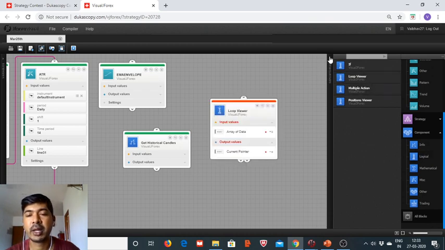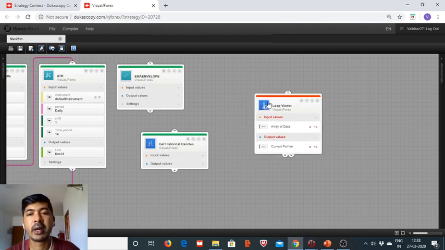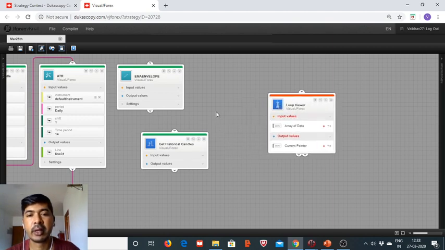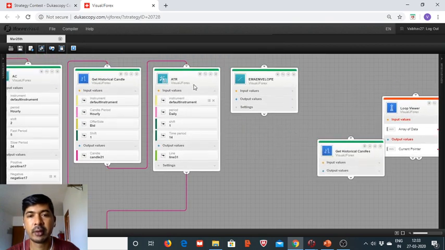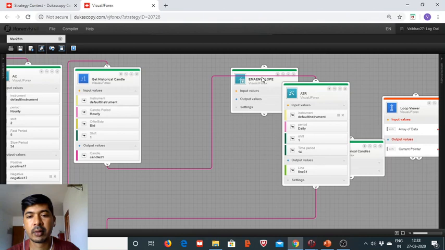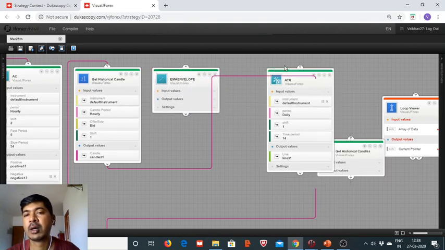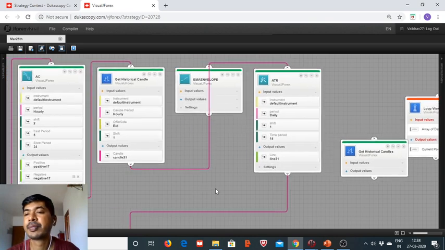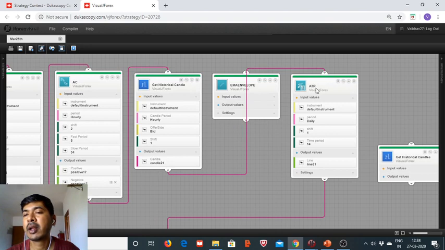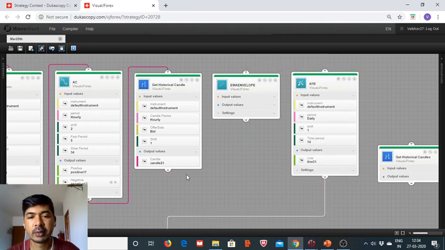So the array of data we will put in is the last 8 hours candle data, and then we will shift for the candle high and low, and then compare it to the EMA envelope bands.